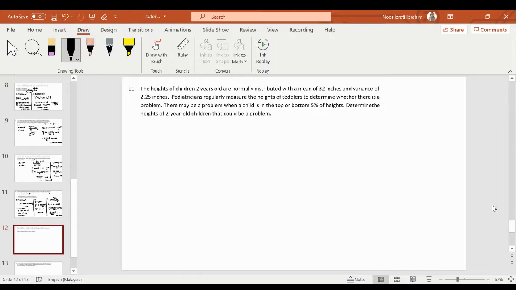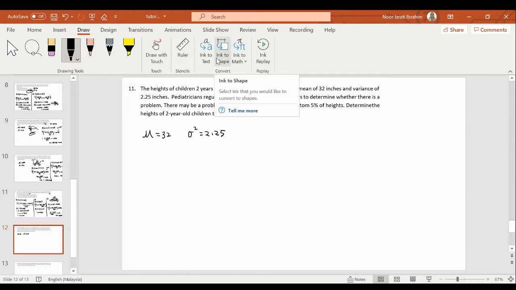Number 11, the heights of children 2 years old are normally distributed with mean 32 and variance sigma square 2.25. Pediatricians regularly measure the height of toddlers to determine whether there is a problem.